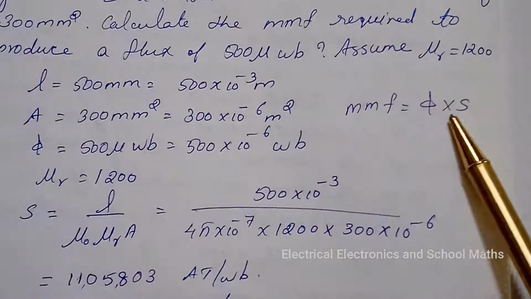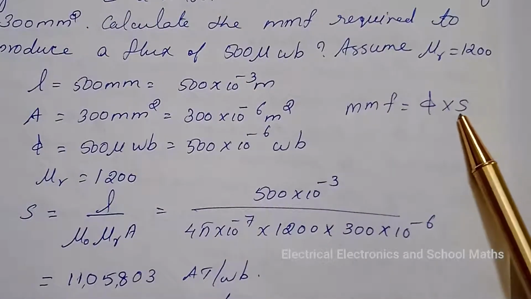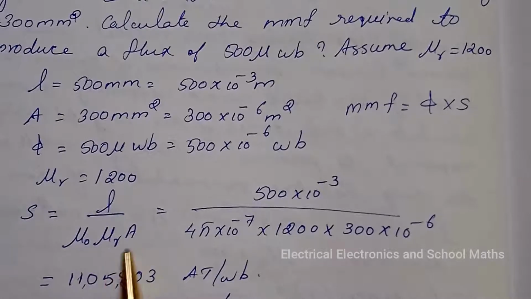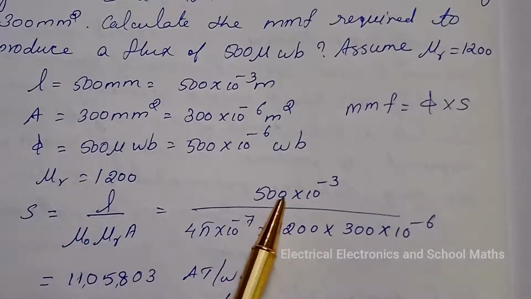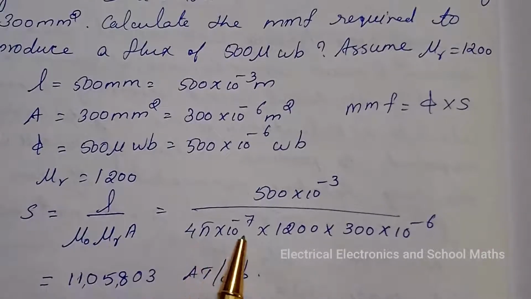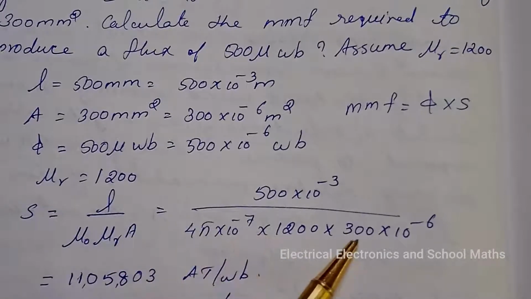So first we have to find reluctance, and we know reluctance S is equal to L by mu 0 mu r A. L is given 500 into 10 raised to minus 3. Mu 0 is 4 pi into 10 raised to minus 7. Mu r 1200, and area of cross section is 300 into 10 raised to minus 6.